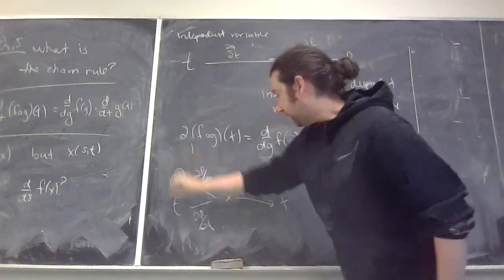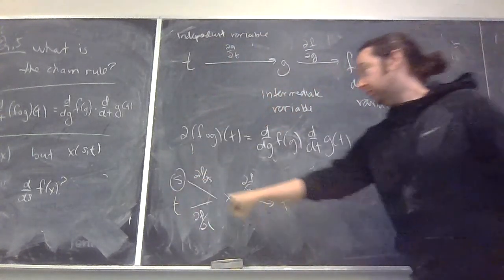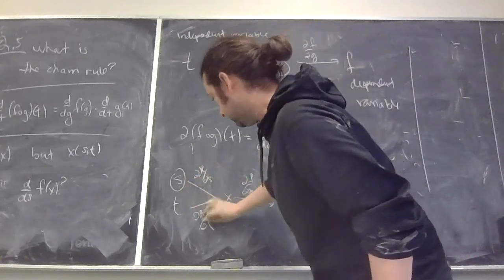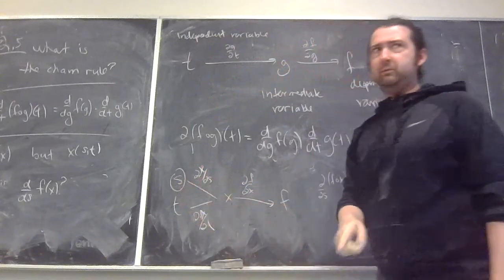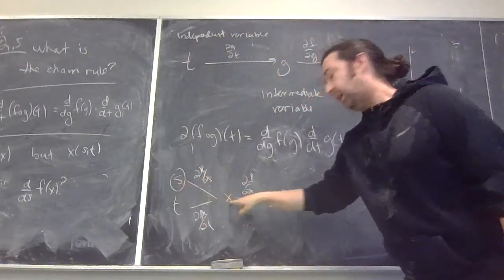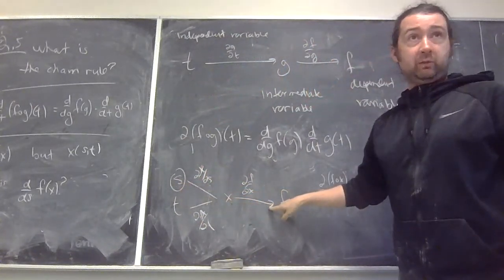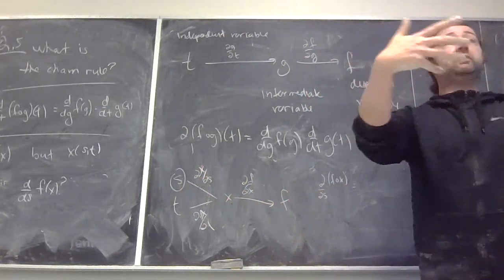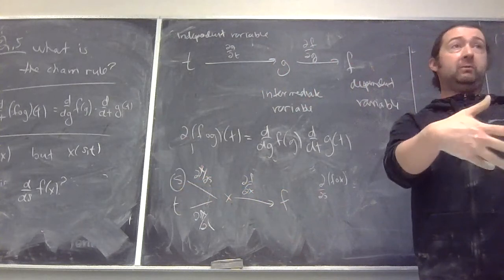So the pathway from s to f goes, I'm sorry, not df ds, dx ds, df dx. We're going to talk more about this next time, don't worry. And so we're going to build expressions for chain rules that are going to have webs of inputs and webs of intermediate variables.